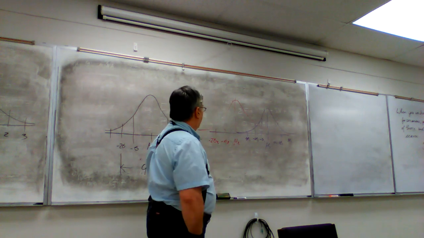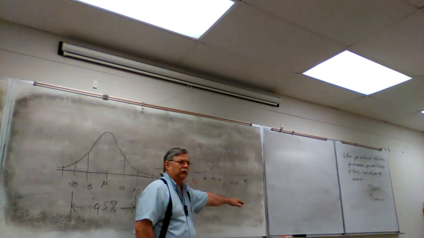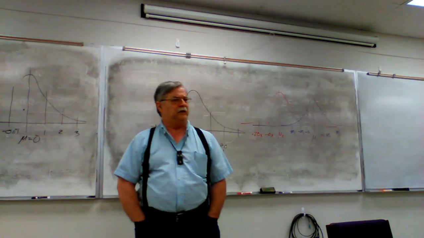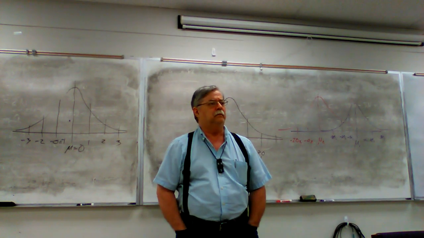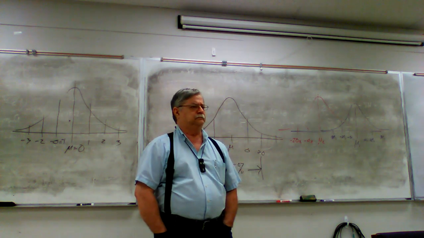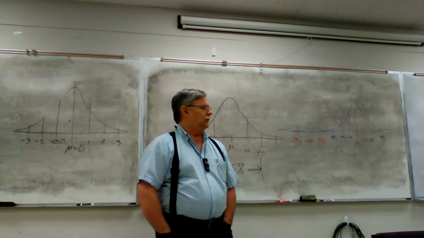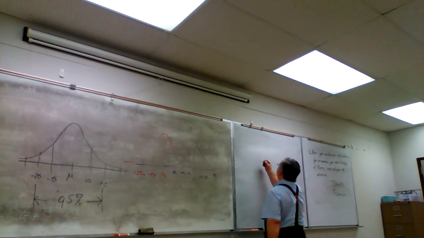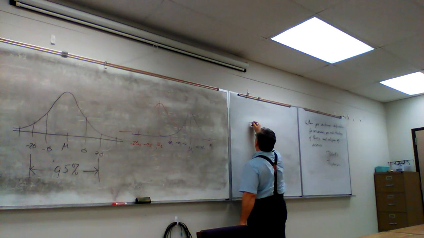So, if you have a specific normal distribution with a mean that's not 0 and a standard deviation that's not 1, how do you analyze it? Well, you could do it. What was that equation?